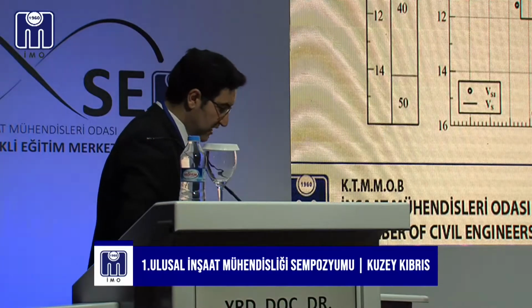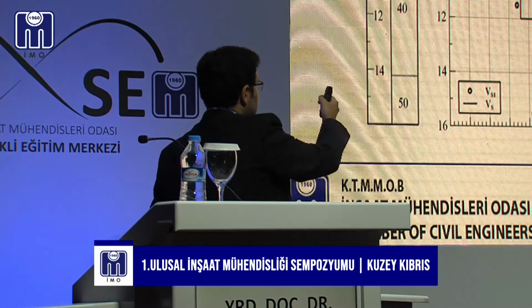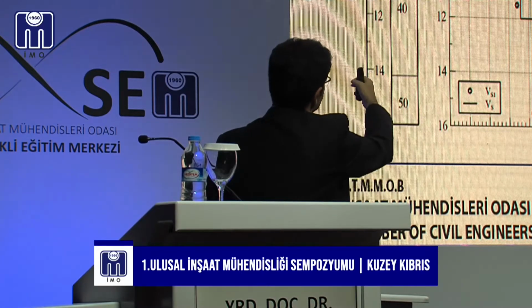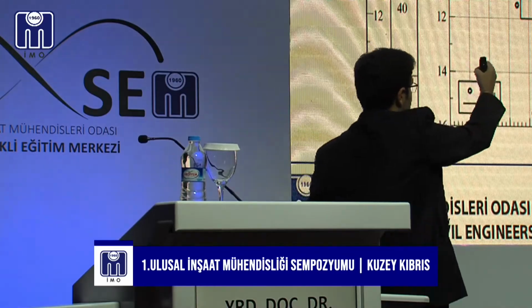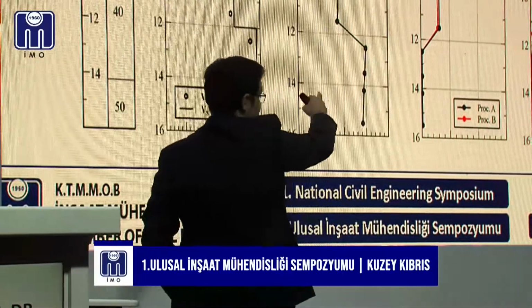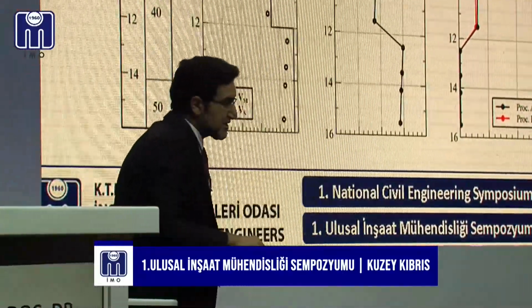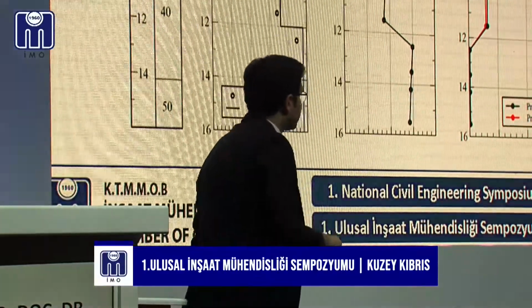And for the final part, we consider the soil profile, the value of the fines content, shear wave velocity, and factor of safety. Based on that, we apply the two procedures to find the volumetric strain, and then we find the value of the settlement.